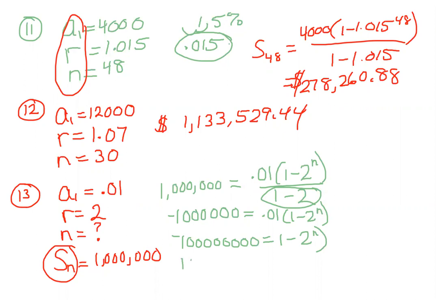And multiply by positive, so that the 2 is positive 2. And now I can do that round the world thing. So I can say log base 2 of this equals n. And let's see if it works.